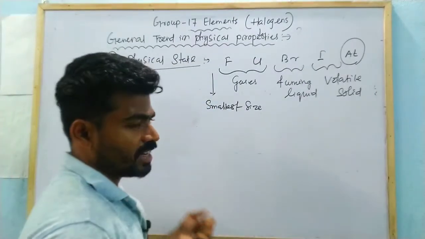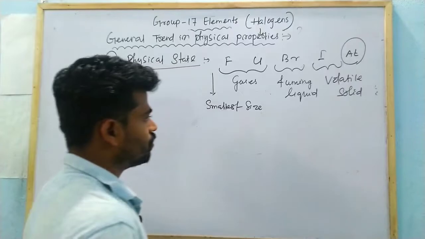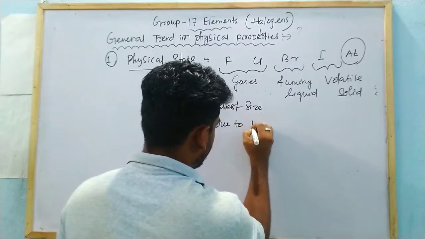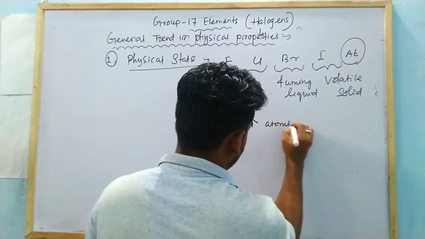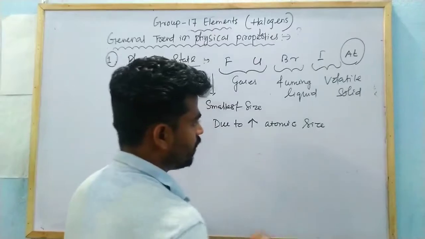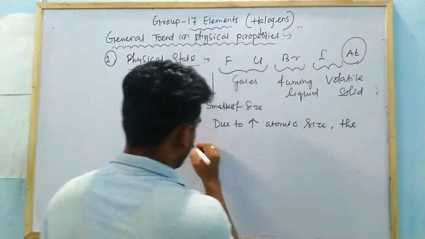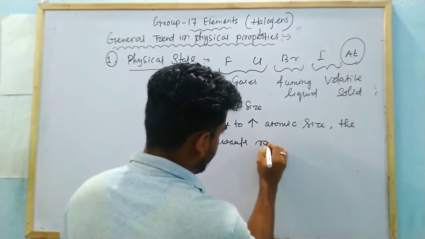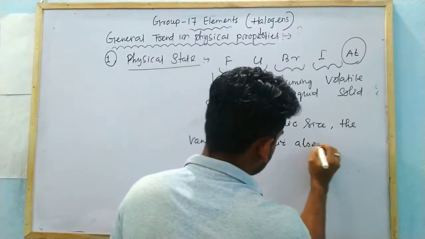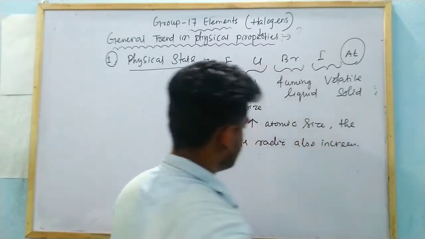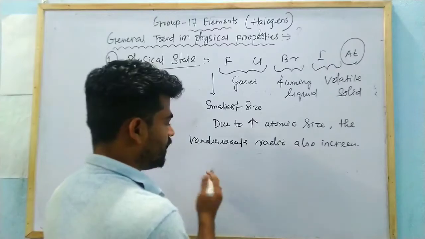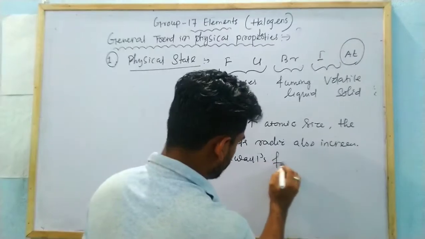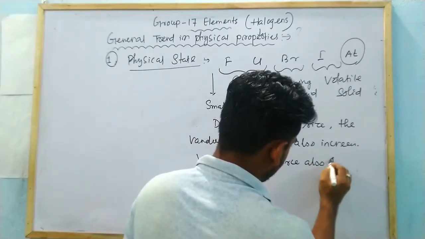As you move from fluorine to astatine, generally the atomic size increases. Due to the increase in atomic size, the van der Waals radii also increase, and consequently the van der Waals force also increases.